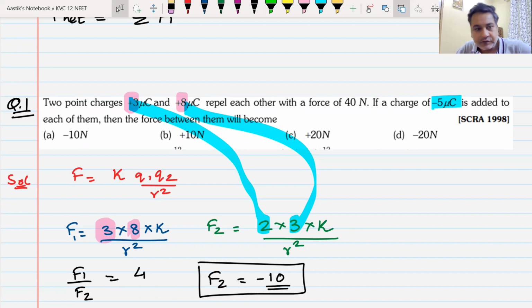Remember, after electric force, we'll move on to electric field, and we will solve questions based on that. We had done one question. I think we should do one or two more questions based on this.